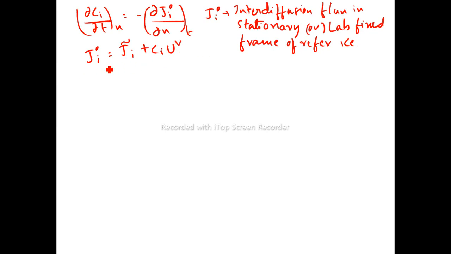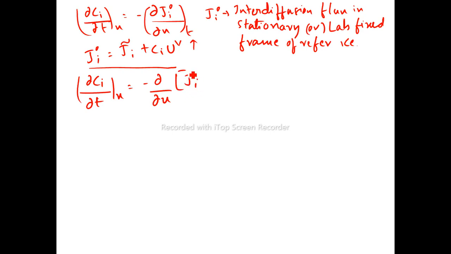So substituting this value into the above equation, we can write it as ji tilde plus ci into uv.